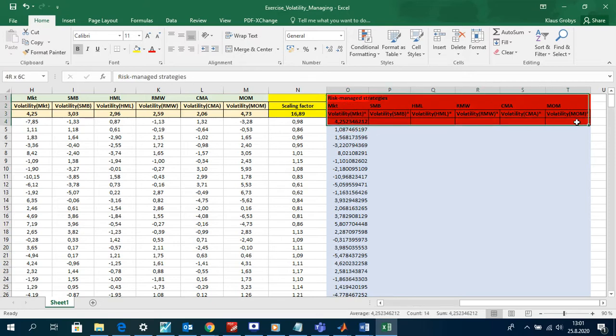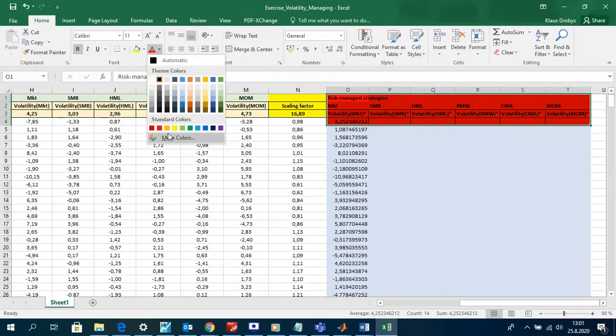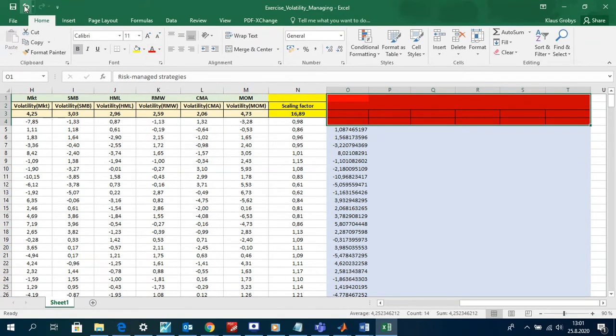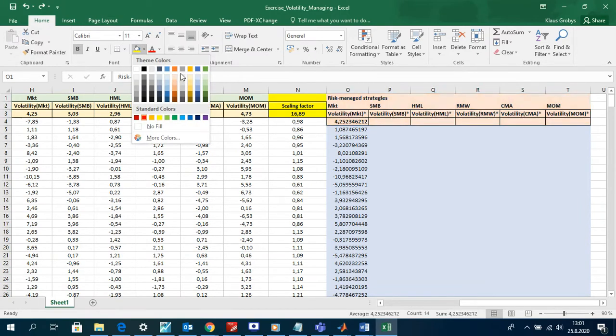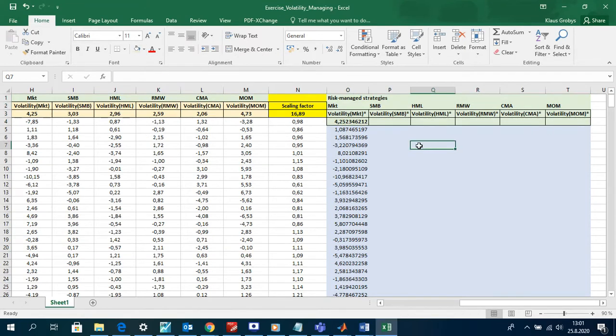And maybe we can make it a little bit lighter because it's maybe not so easy to see. No, this was wrong. So let's use here a different color. Maybe we take green as well.